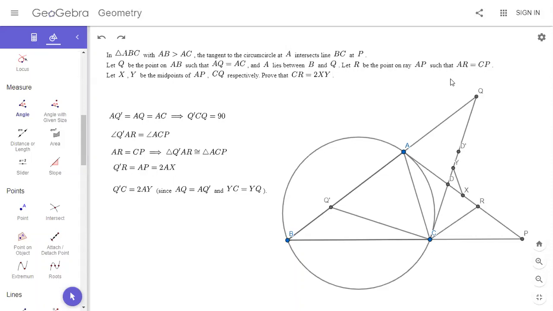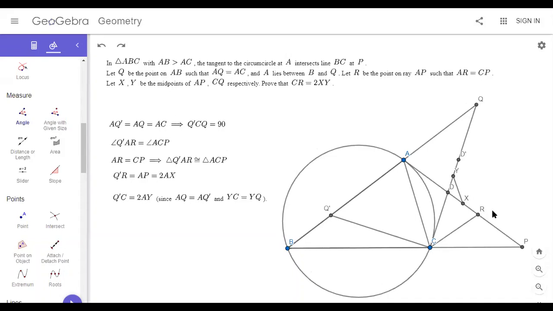So Q prime AC is equal to YAX. I think he was saying that Q prime CR is similar to AYX, and that would solve the problem. That's what he was saying.